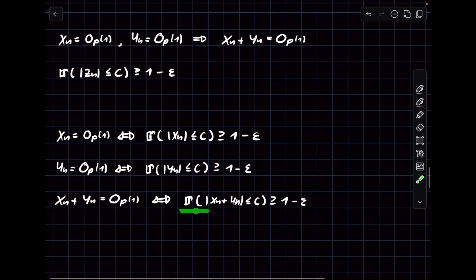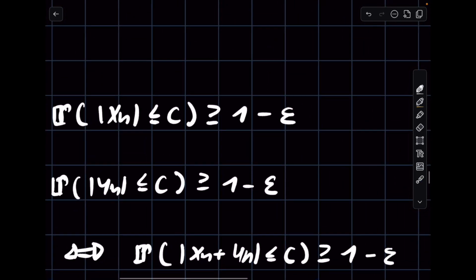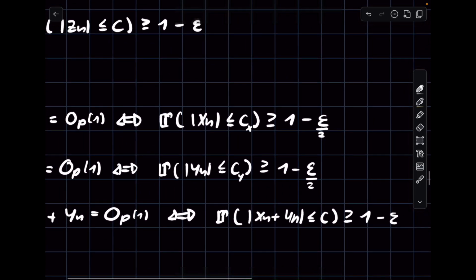As you can see, this is 1 minus epsilon and we have just a constant. However, when we add these two, we're going to get two different constants. So we want to denote these c of x, c of y, and divide by 2, so we can add up to just 1, so to speak.